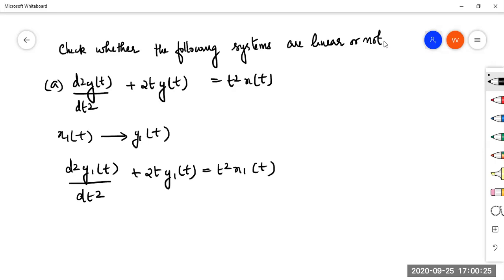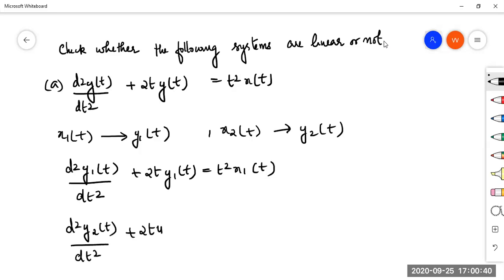Same way, you take input x2 of t and let the output of x2 of t be y2 of t. Then your equation becomes d square y2 of t divided by dt square plus 2t y2 of t is equal to t square x2 of t.